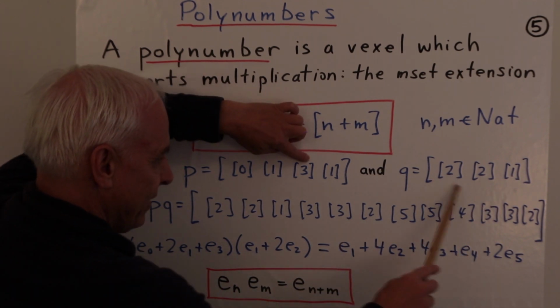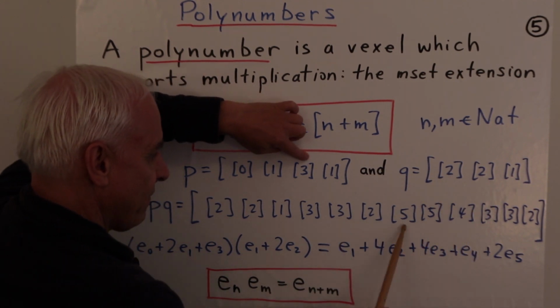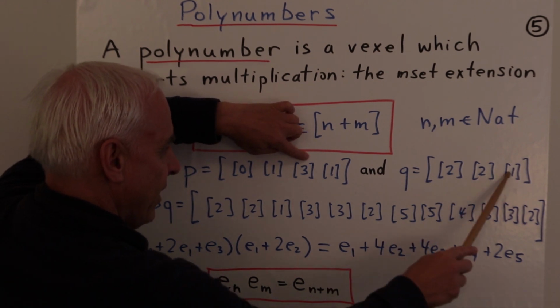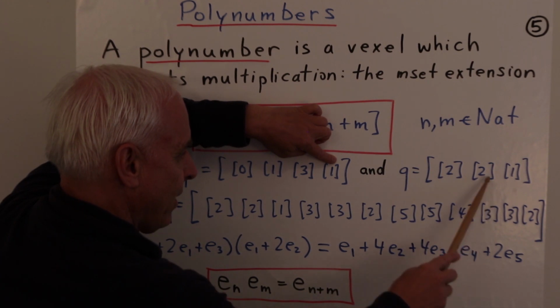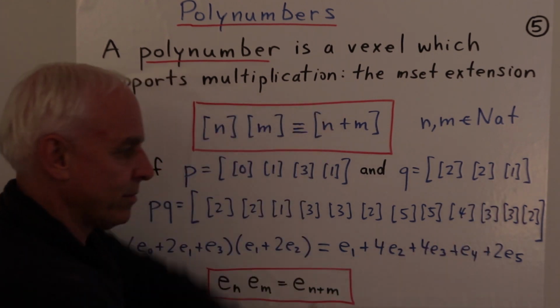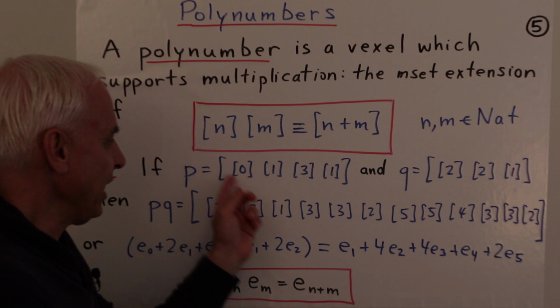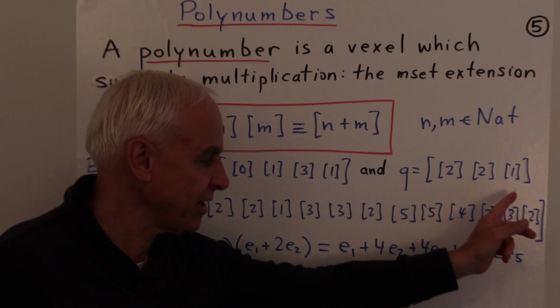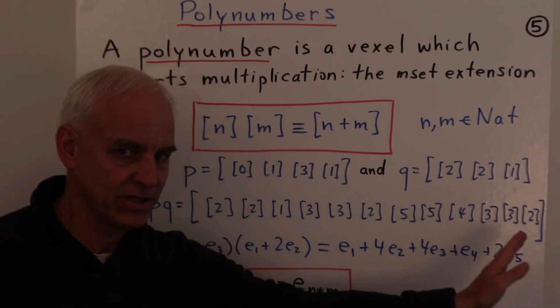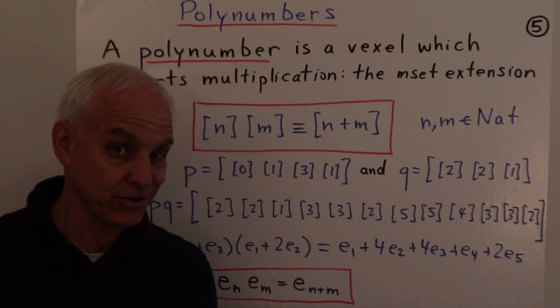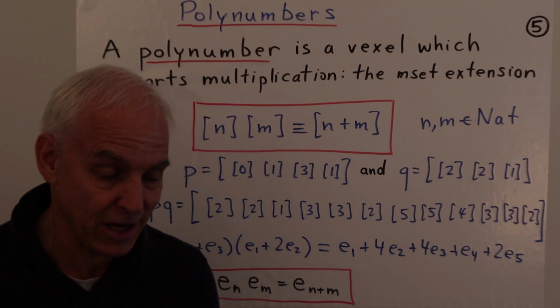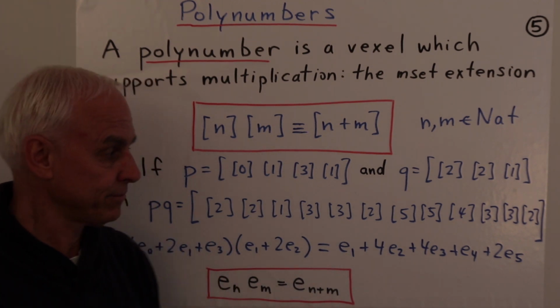And then when we multiply these 3 by 3, we get 5, 5, and 4. And when we multiply by 1, we get 3, 3, and 2. So we've multiplied each singleton here by each singleton here, recorded all 12 results, and used this basic multiplication of singletons, which is really just addition of the corresponding natural numbers, over and over again.